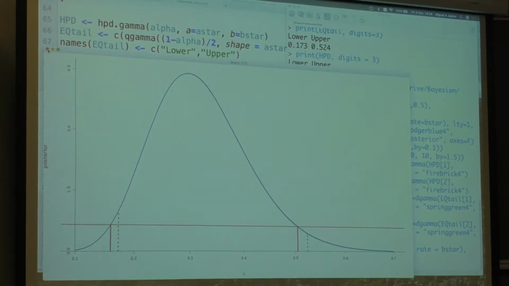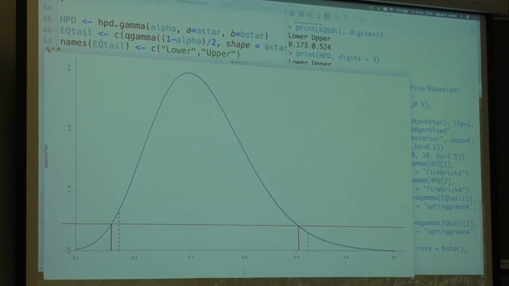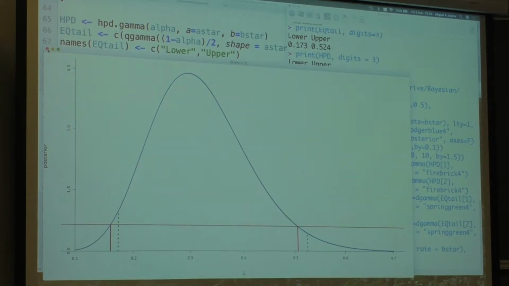But we need to take into account that the decision maker, the manager, is not interested in lambda. Lambda is a rate. What the decision maker is interested in is the expected waiting time, because that is what she wants to advertise.